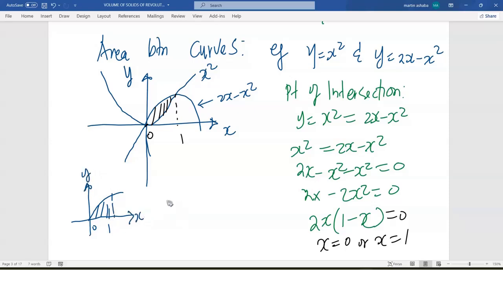We get that area, then we also have another one for the curve x squared, from 0 also to 1. So I get this area minus that, and I'll remain with that part there. So that's what I'm talking about.